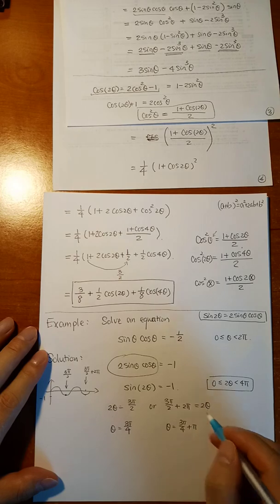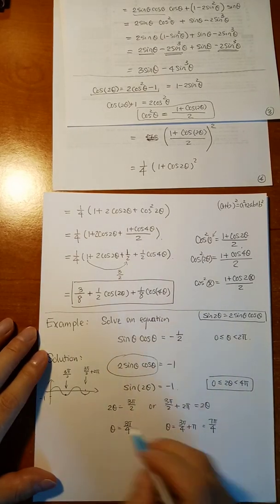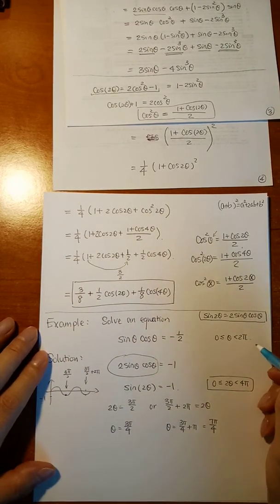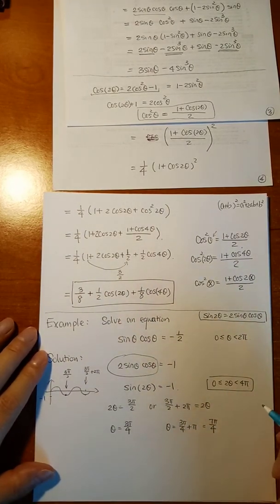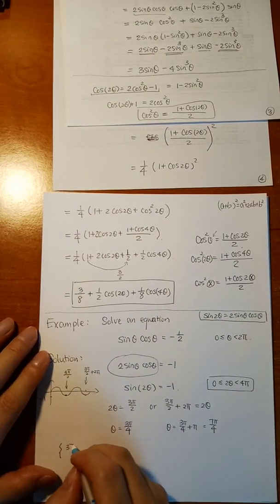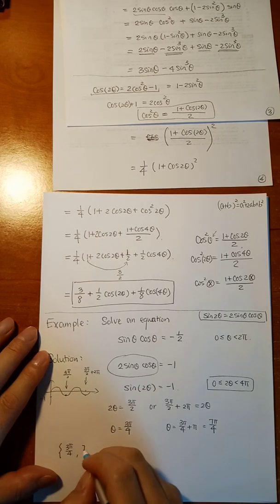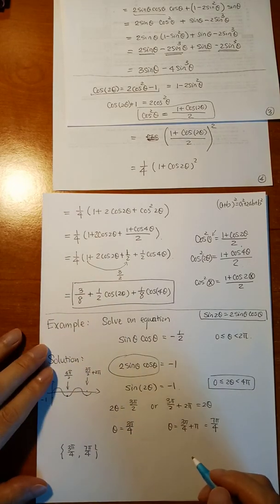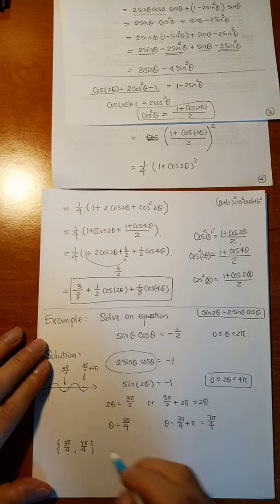You divide everything by 2. It is 7 pi over 4. So theta is still in the domain 0 to 2 pi, but 2 theta is in the domain 0 to 4 pi. So the solution set is 3 pi over 4 and 7 pi over 4.